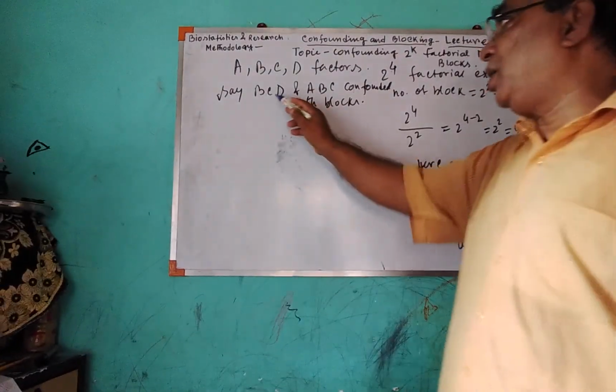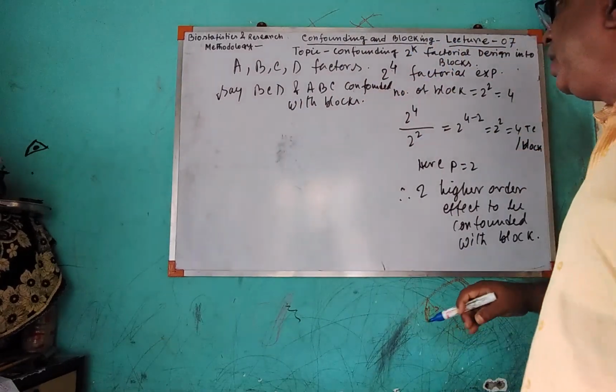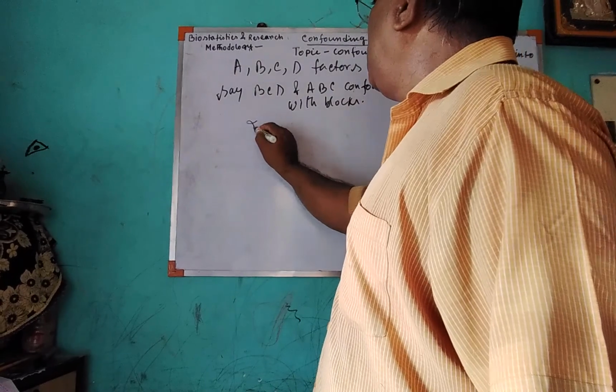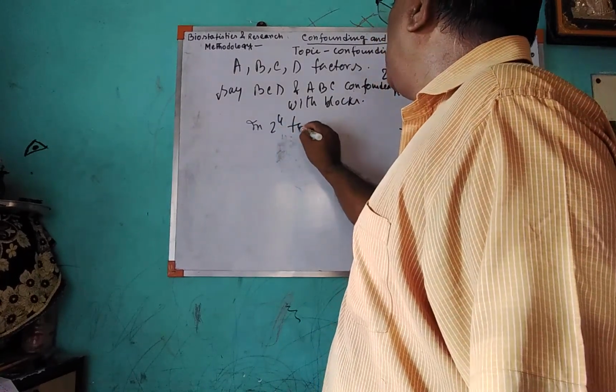These two effects I have taken. Now in a 2 to the power 4 factorial design, how many treatment combinations are there?